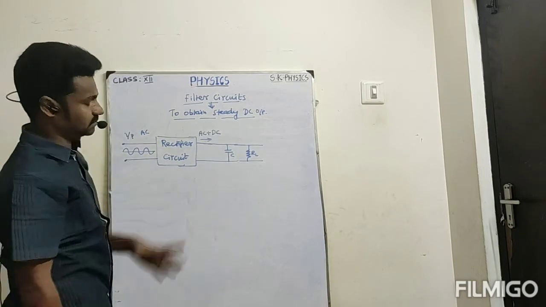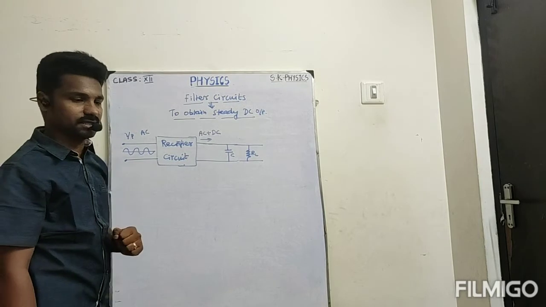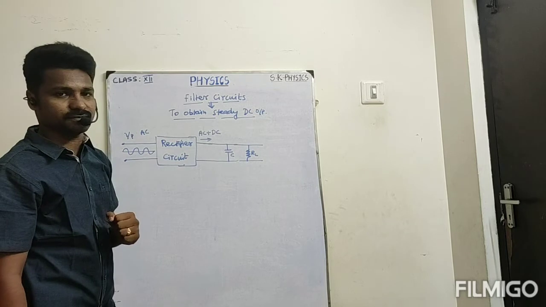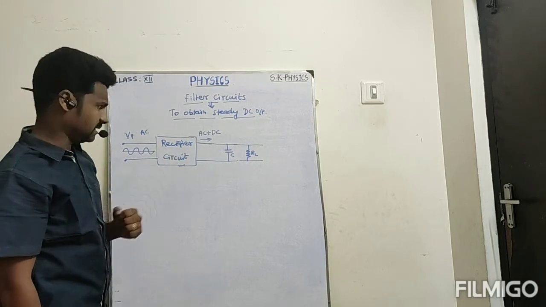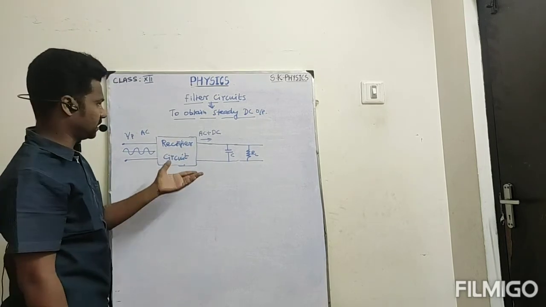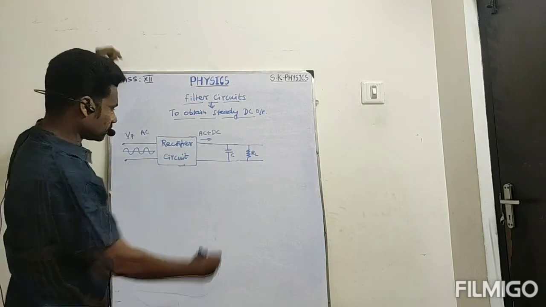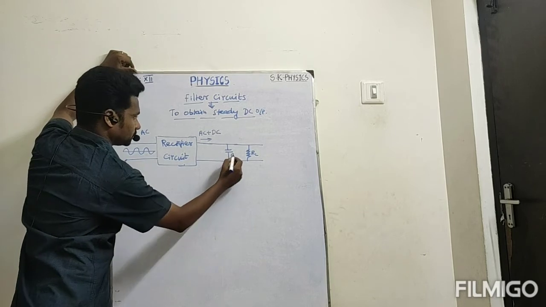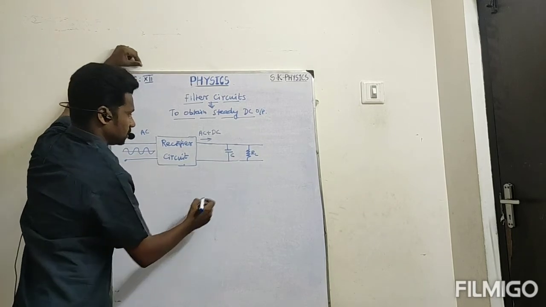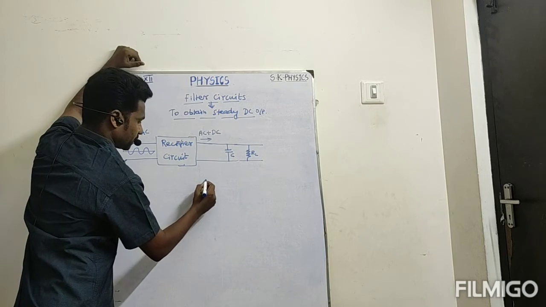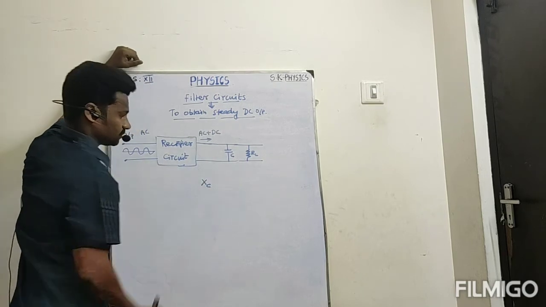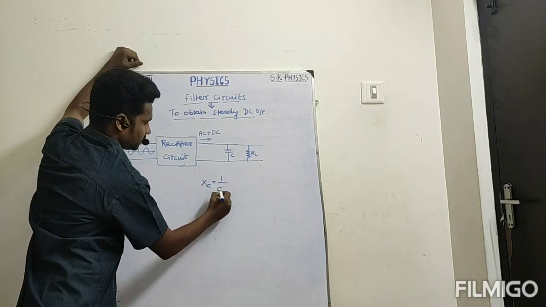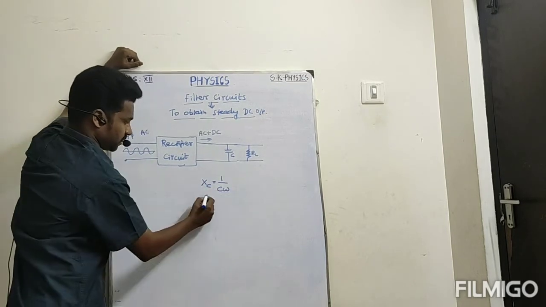So we know the purpose of a capacitor: it offers low resistance for AC current. In the capacitor, the reactance value XC is 1 divided by C omega, you remember that.